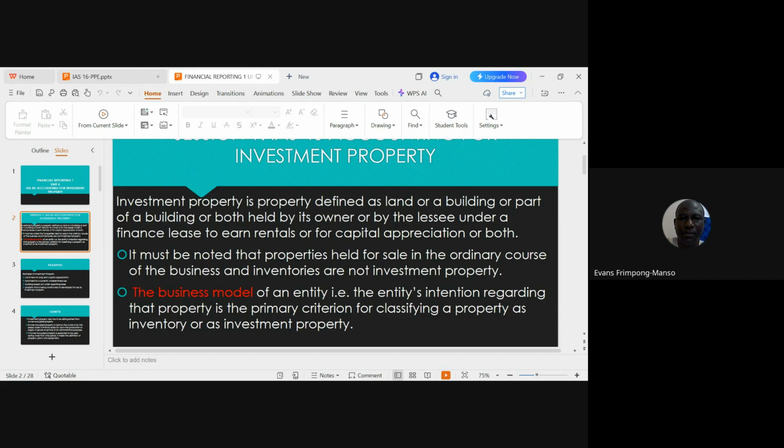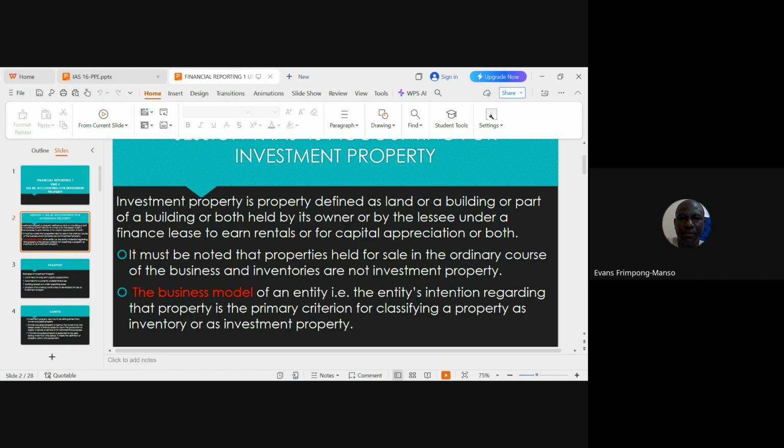So when I say a finance lease, we are talking about a type of lease in which substantially all the risks and rewards of ownership of an asset are transferred from the lessor to the lessee.